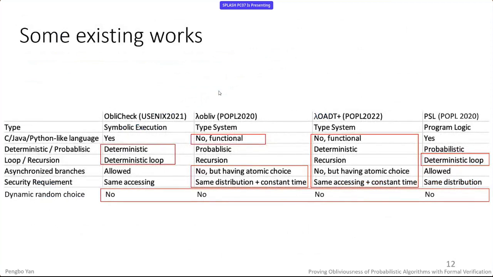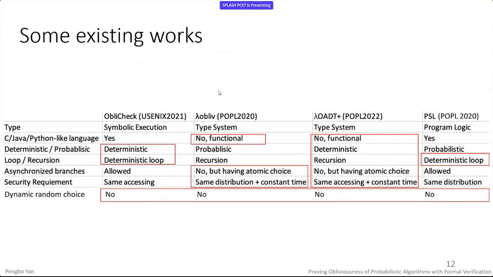So all of these programming languages, symbolic execution, or type systems just support the static random choice. That means we need to figure out what the random choice is based on before the program begins. But sometimes we need some dynamic random choice, and they do not support those.